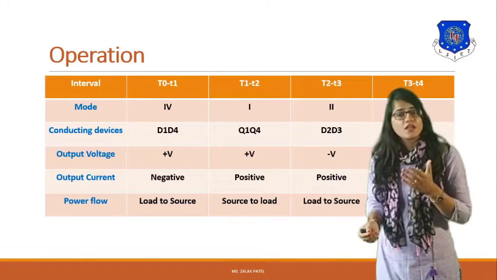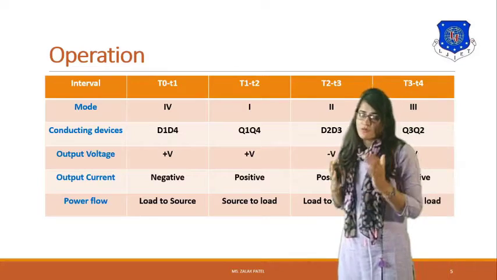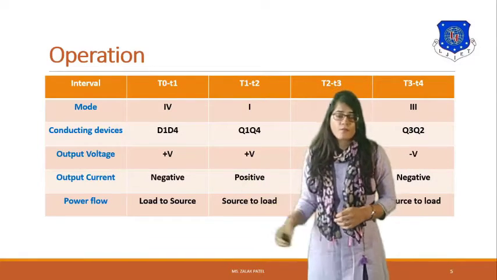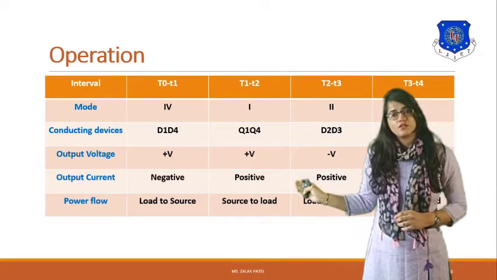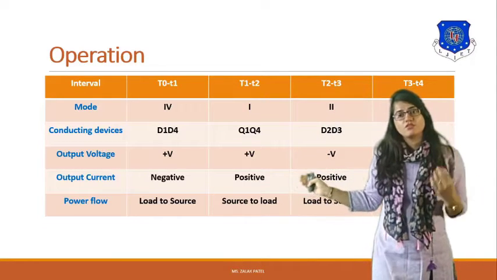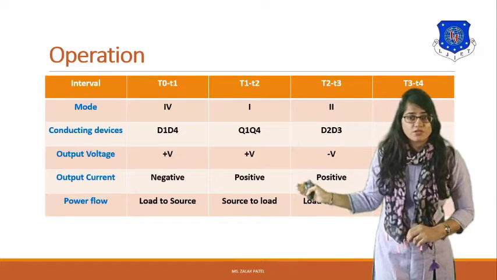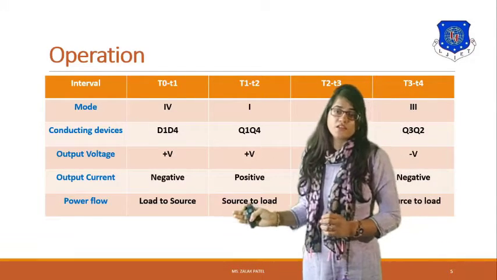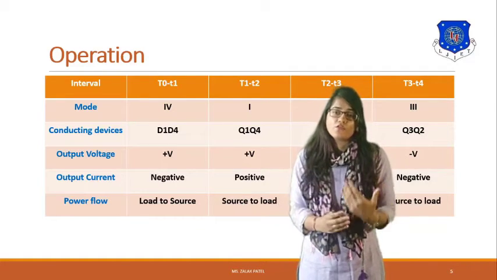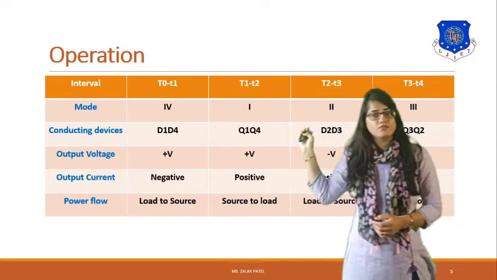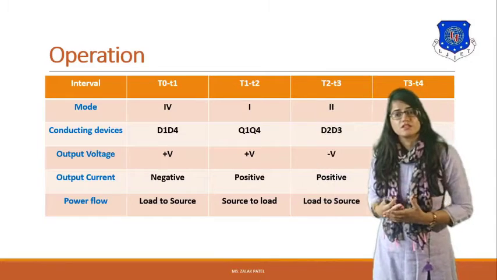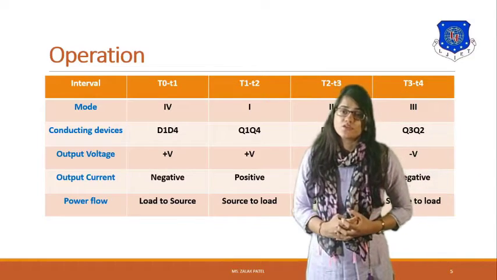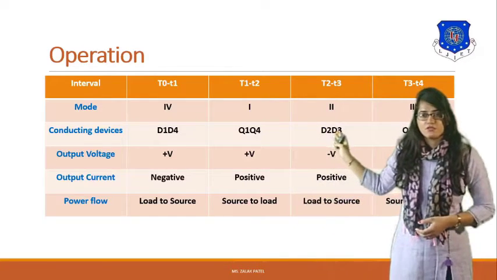Now if the output current is positive, the power flow will be decided by the amount of this output current. So the output current is positive, and the power flow is from the source to the load side, meaning it is again positive. For the second mode, the two diodes D2 and D3 start operating, as you can see over here.